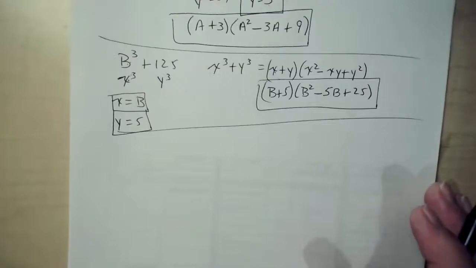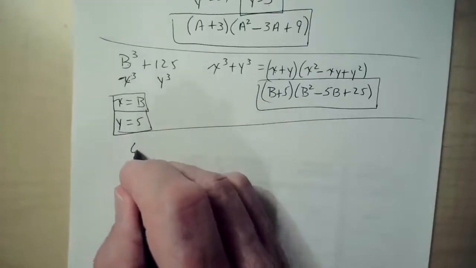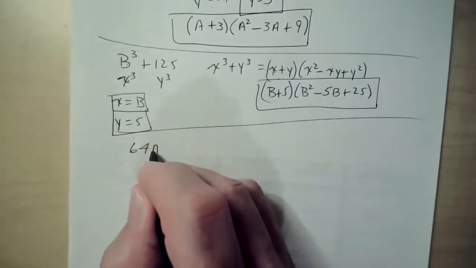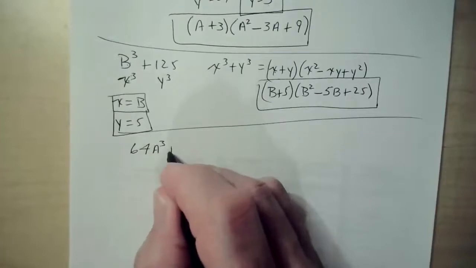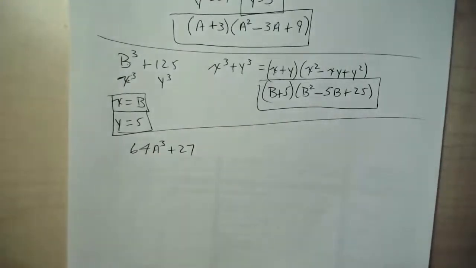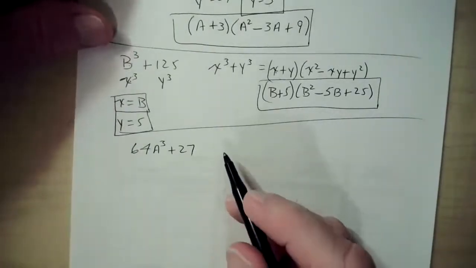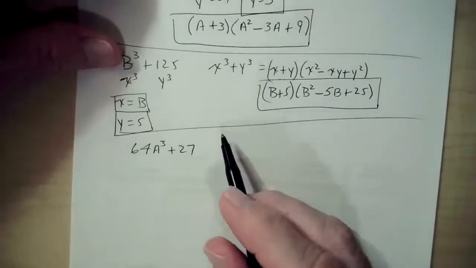Get this if you're so smart. 64a cubed plus 27. Whose turn is it? Mr. Jimenez?